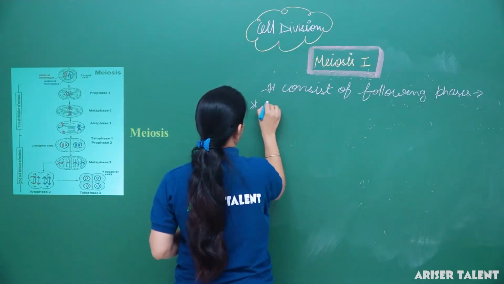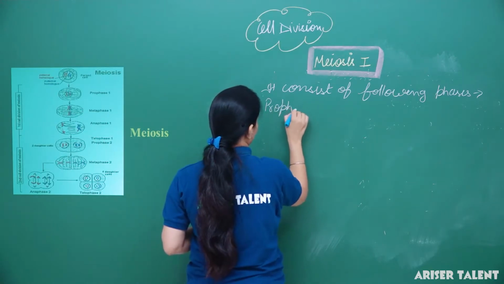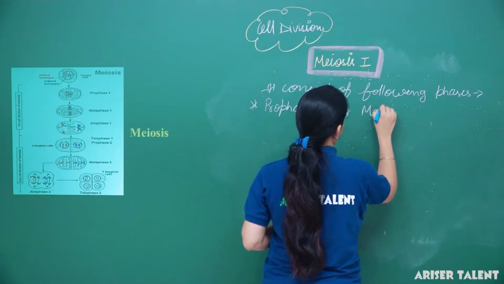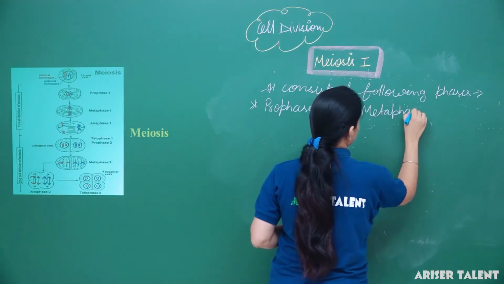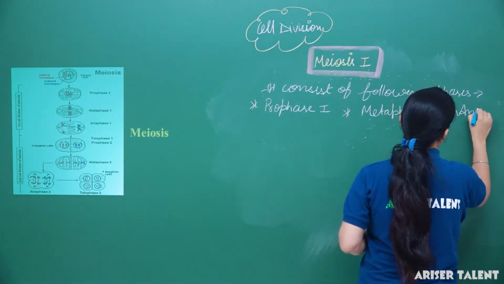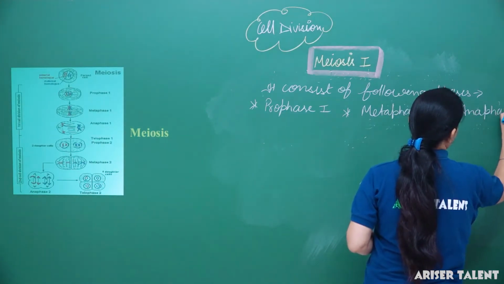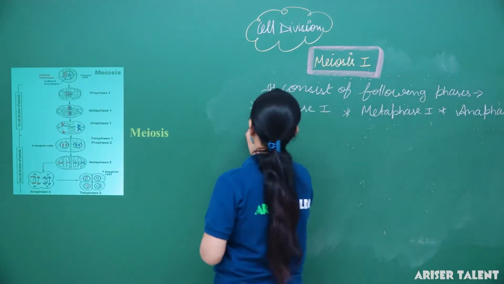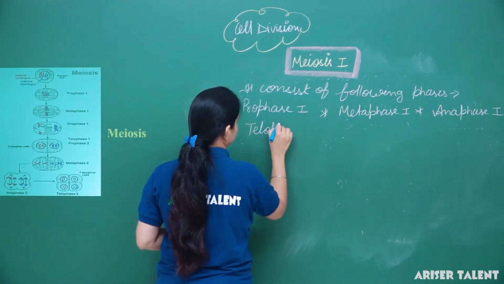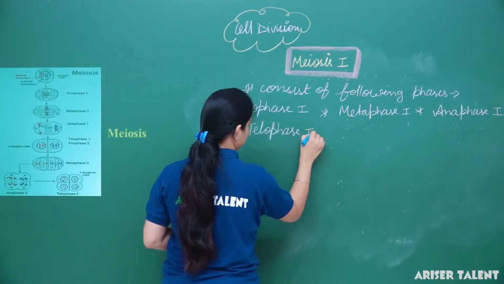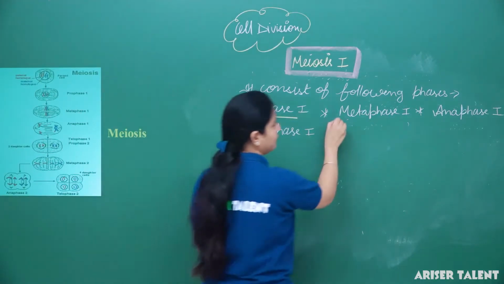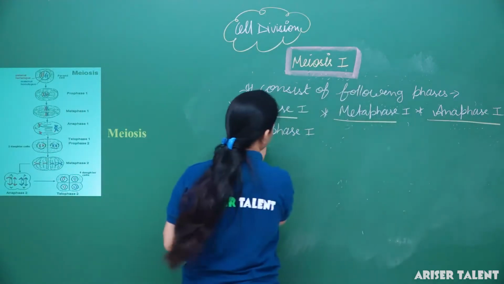Prophase 1, metaphase 1, anaphase 1 and telophase 1. So what are the phases of meiosis I? Prophase 1, metaphase 1, anaphase 1 and telophase 1.